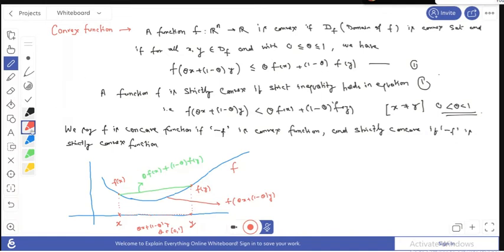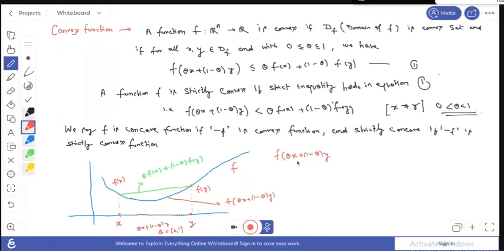Equation 1 says that the right hand side means this functional value f at the point theta x plus 1 minus theta of y.